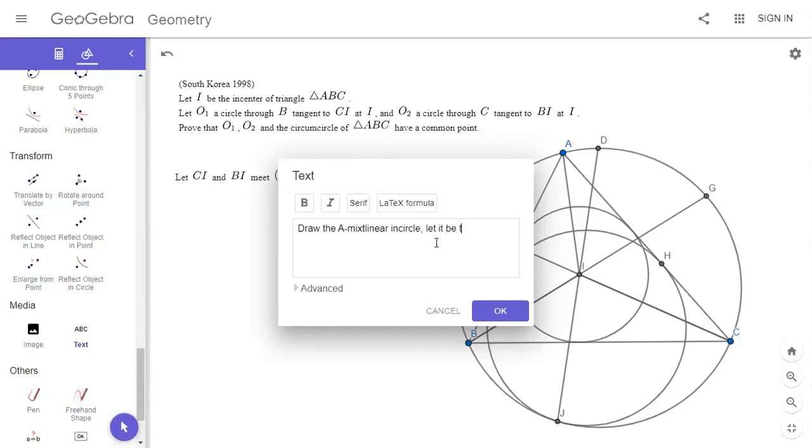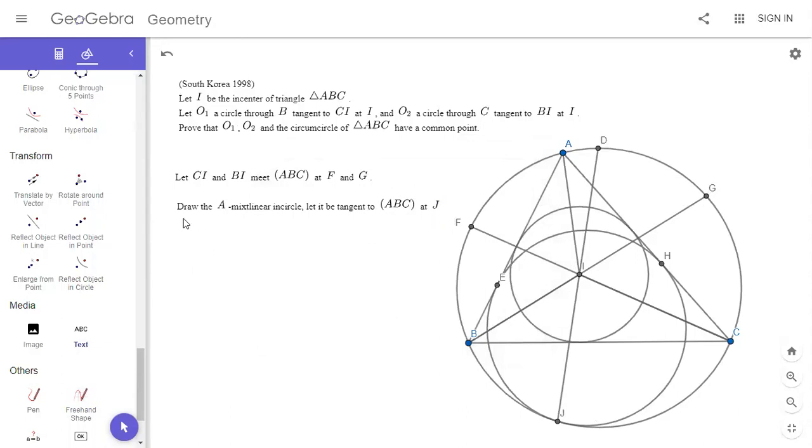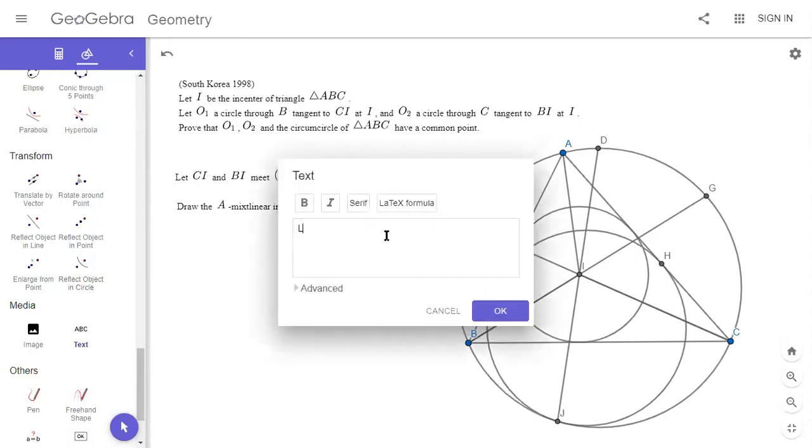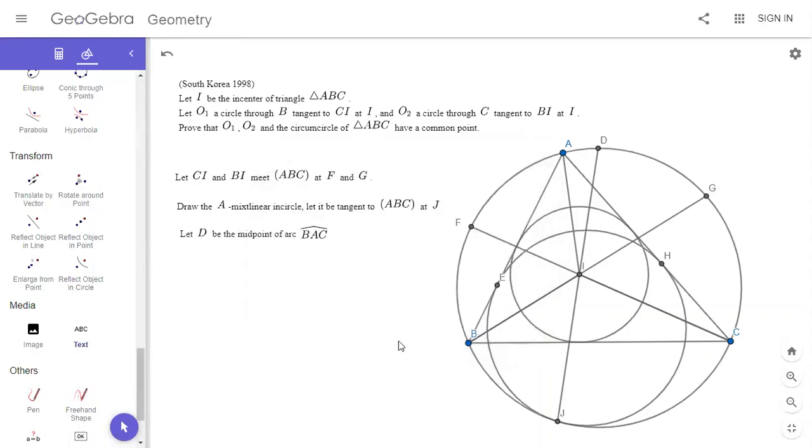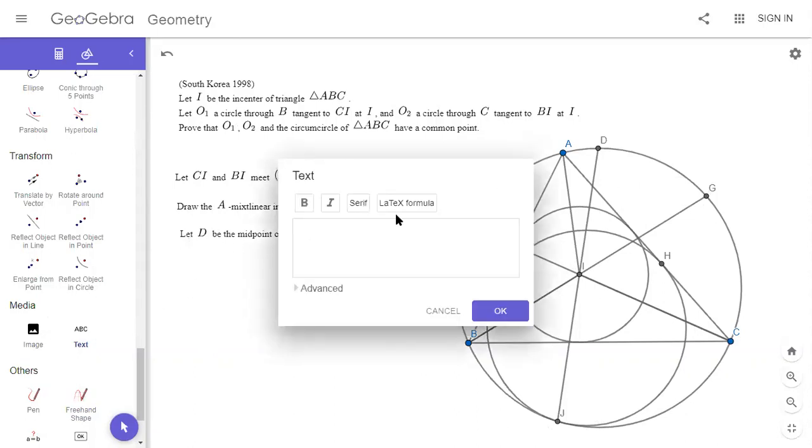Let it be tangent to the circumcircle ABC at J, and then let D be the midpoint of arc BAC. Okay, and then it's well known that D, I, and J are collinear, so see my video on mixed linear incircles for that.